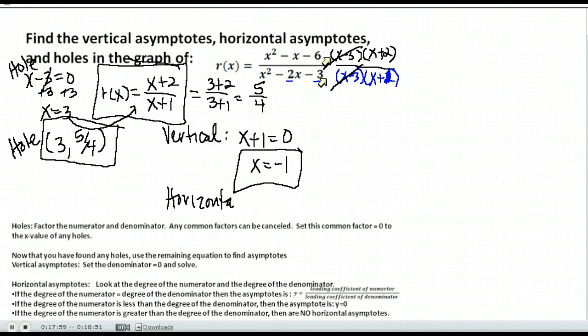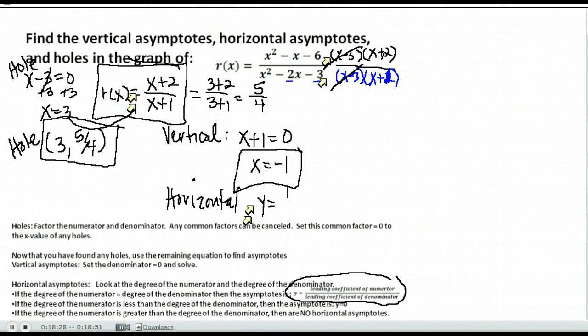Horizontal, again, you look at the degree of the numerator and degree of the denominator, and we're using, again, the function that was left over here. And so the numerator has degree 1. The denominator has degree 1. They have the same degree. So for your horizontal asymptote, it tells you in the instructions down here, you take the leading coefficient of the numerator divided by the leading coefficient of the denominator whenever the numerator and denominator have the same degree.